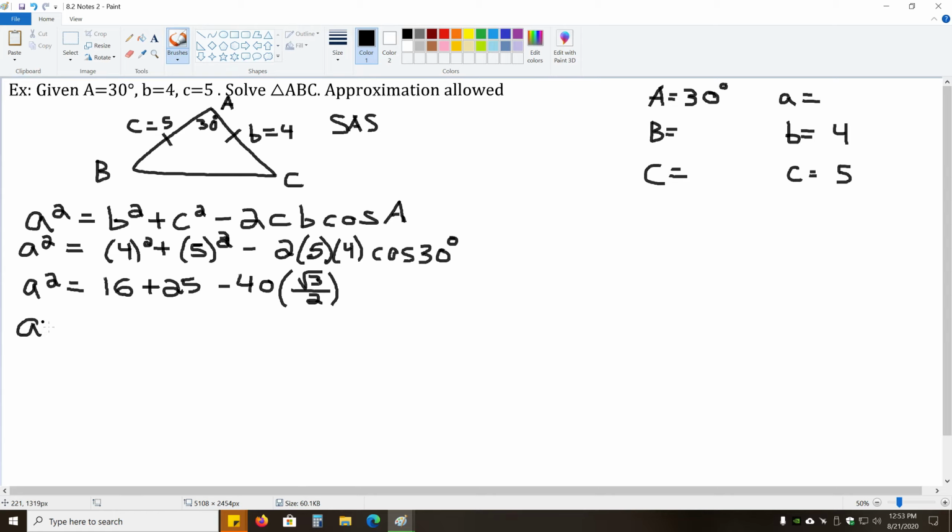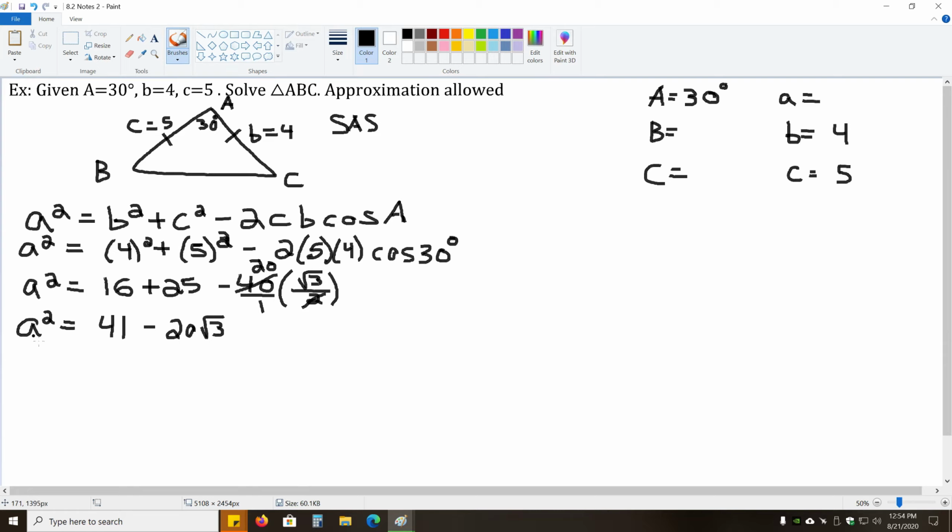And simplifying, we get A squared equals 16 plus 25 is 41, minus 40 times the square root of 3 over 2. If we put 40 over 1 and cancel the factor of 2 from the top and bottom, we'll be left with 20 times the square root of 3.